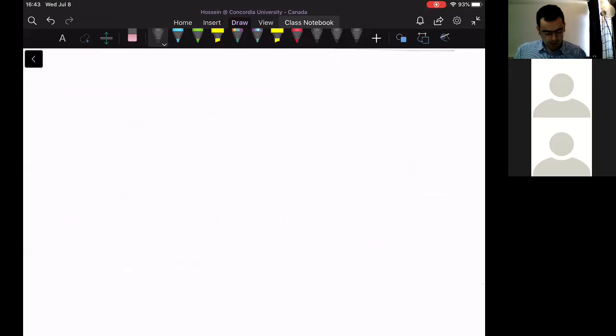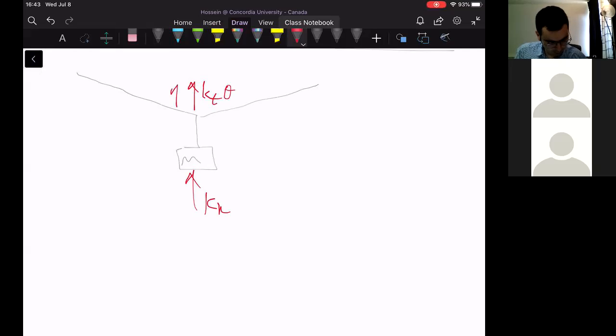If I displace the lower mass downward a little bit, the lower spring at first opposes the motion, the spring force kx, and there is a torsional spring kt theta from both sides.